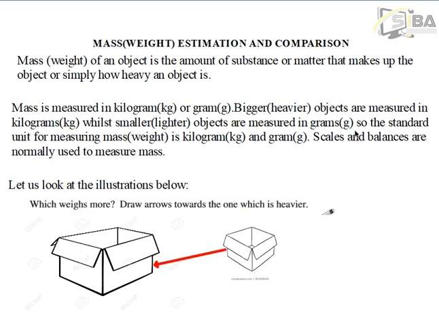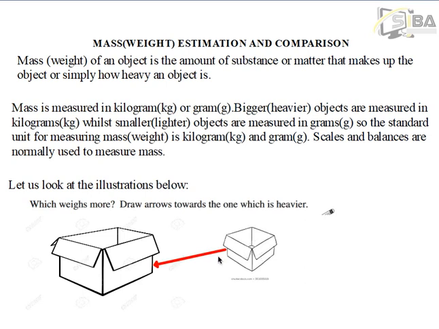Now let us look at the illustrations below. We have some boxes here, and the instruction is which weighs more. Draw arrows towards the one which is heavier. So we have a bigger box and a smaller box. Let us take, for instance, that all of these boxes contain the same number of books.